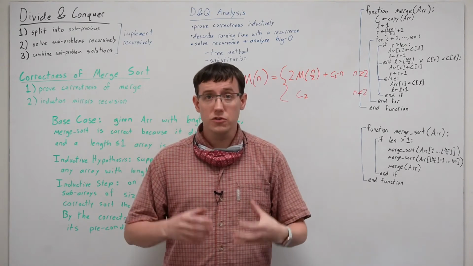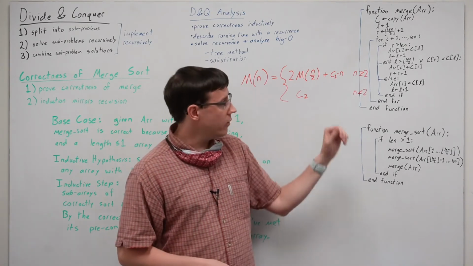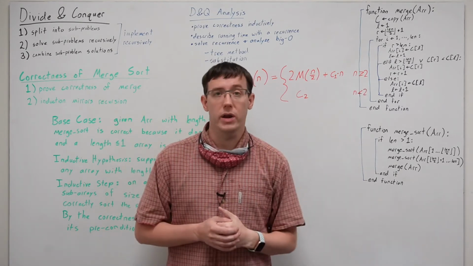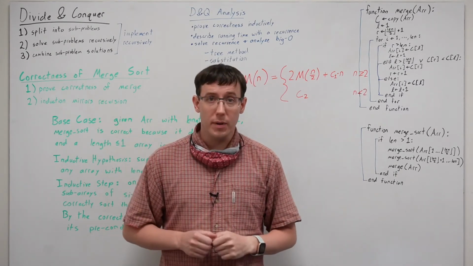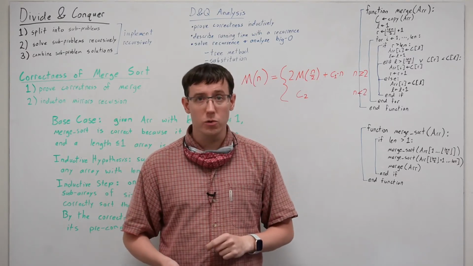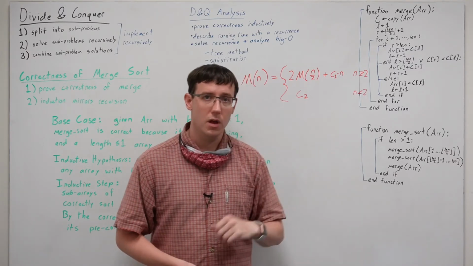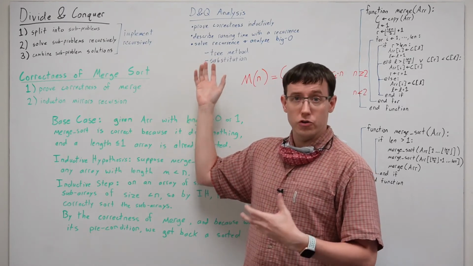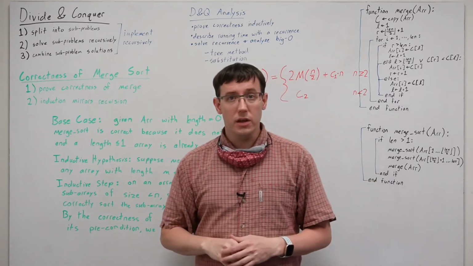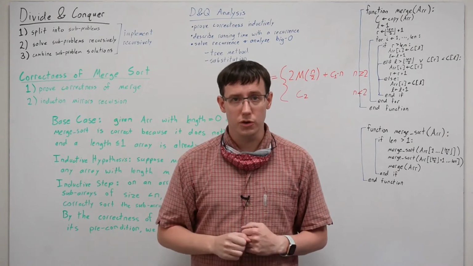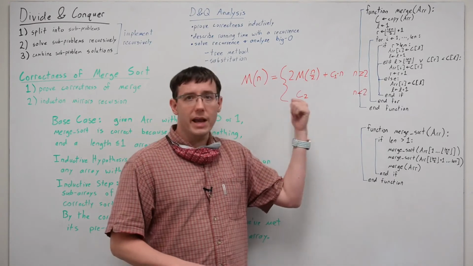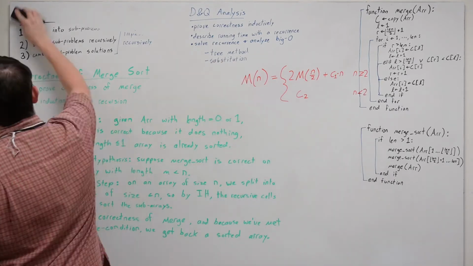Instead, we have to solve this recurrence to figure out a functional form that we can do big O analysis on. And we'll talk about two different techniques we can use for solving this recurrence. The first is to draw a recursion tree, and the second is to use partial substitution. And we'll go through an example of each of these techniques using our merge sort recurrence.